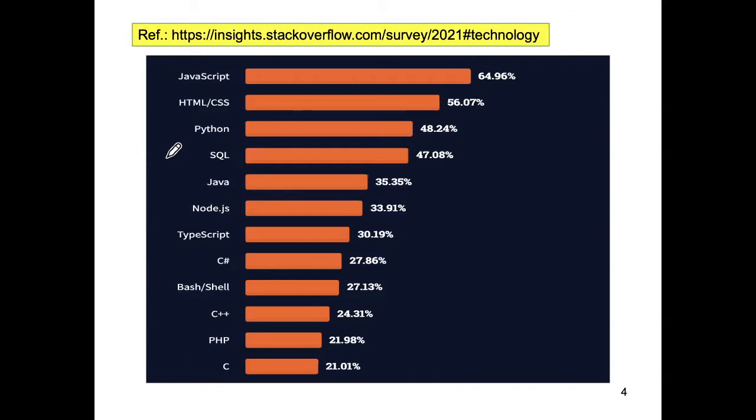The GitHub one is more based on activity on GitHub itself. They don't survey people, they just analyze the various repos on GitHub to get a sense of what languages are being used. So both surveys are telling us the same story.